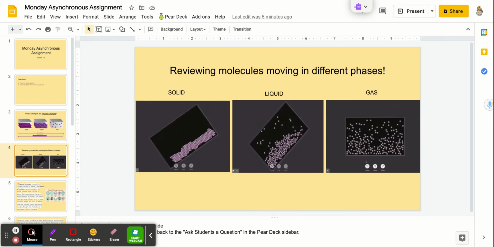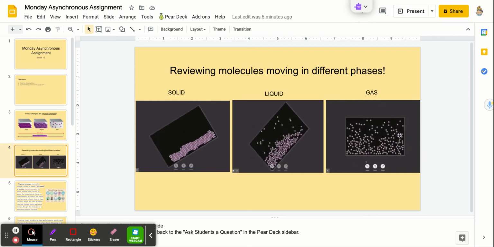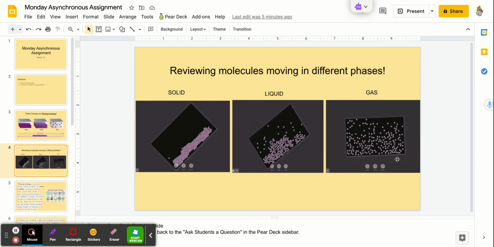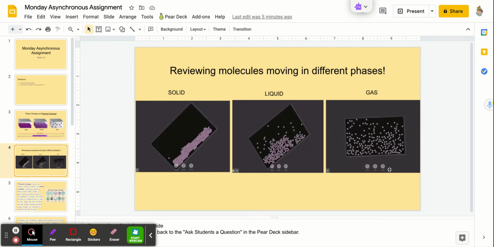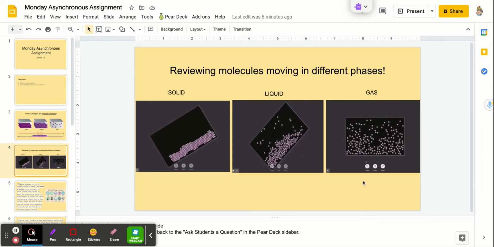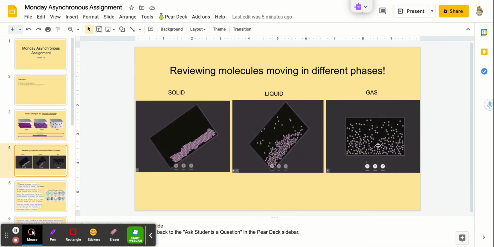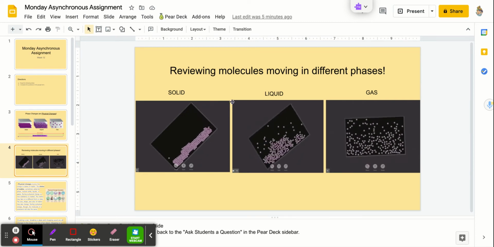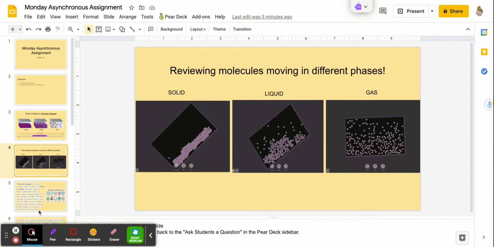So again, we just want to remember molecules' motions in each of these phases, and it takes a lot of energy to make them move like this. So gases live in a high energy state, whereas solids are living in a lower energy state.